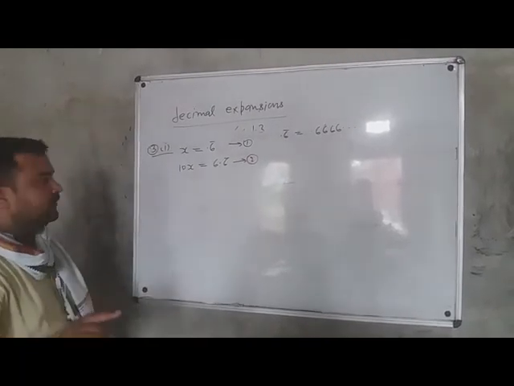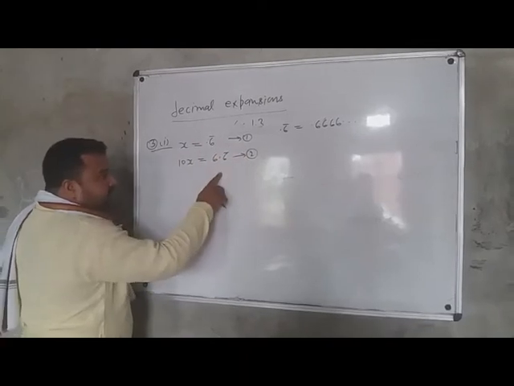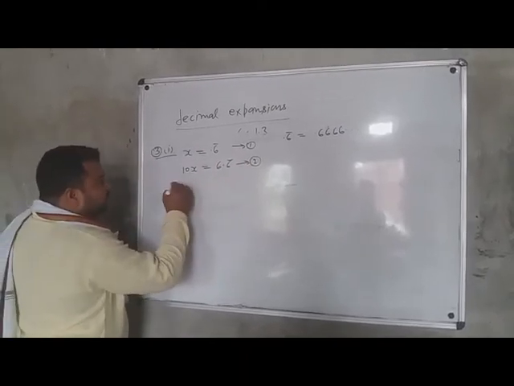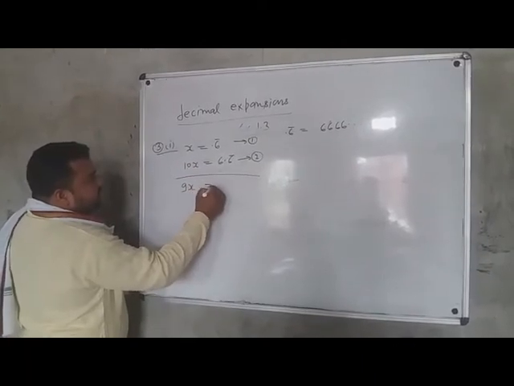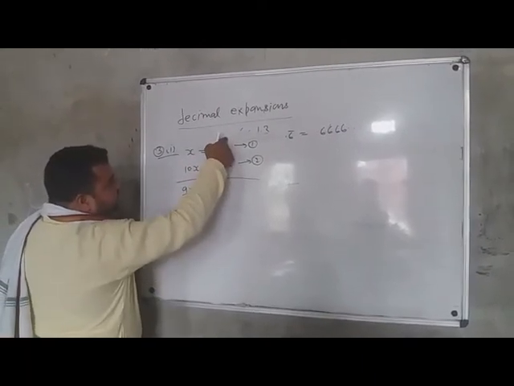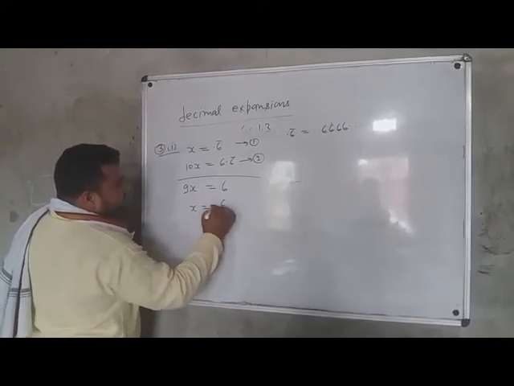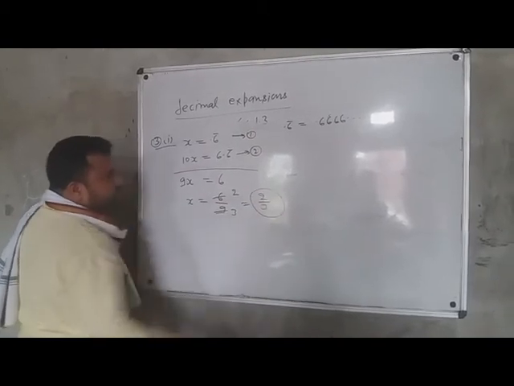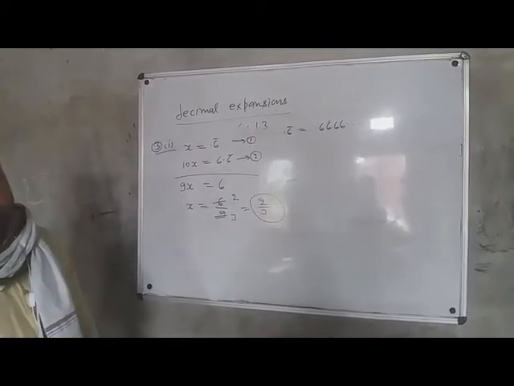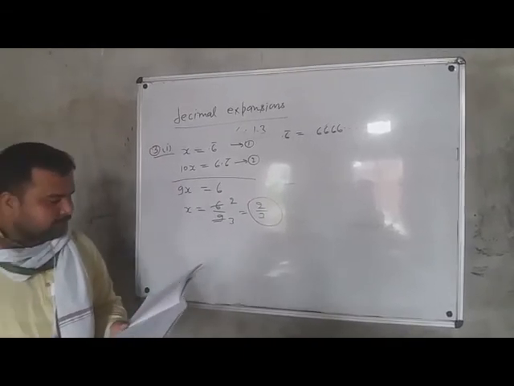On subtracting the first equation from the second, 10x minus x is 9x, equal to 6.6 repeating minus 0.6 repeating, which is 6. So x equals 6 by 9, which is 2 by 3, the form of P by Q. Understand better? Very good.